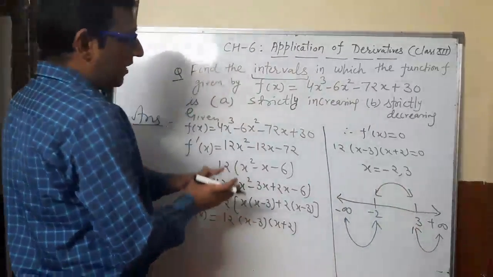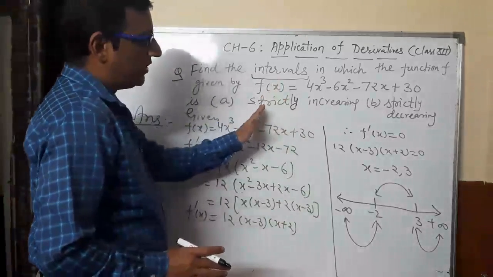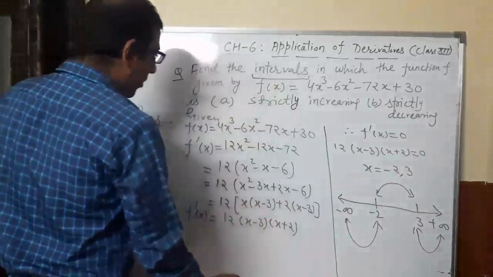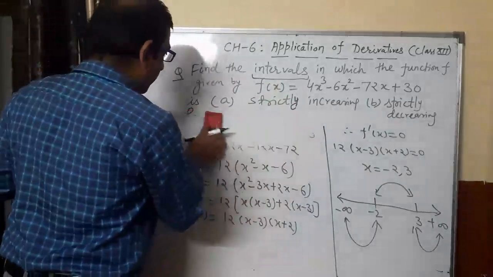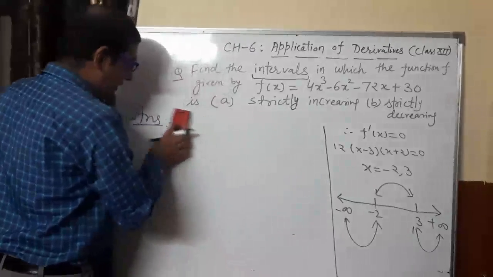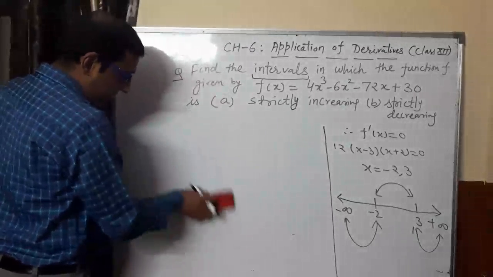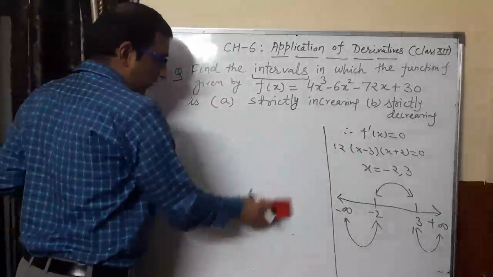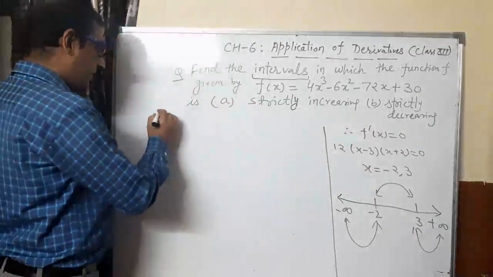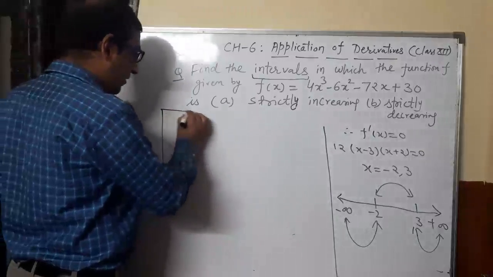Now we have to tell in which intervals the given function is strictly increasing and in which it is strictly decreasing. So how can we show it? For this we will make a table. With the help of that table we can easily identify whether in a particular interval the given function is strictly increasing or strictly decreasing. So we will continue with the table.